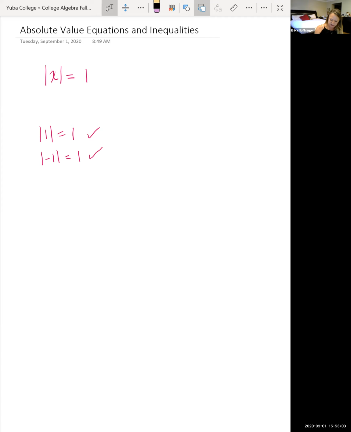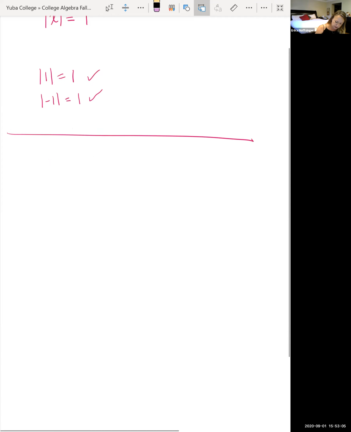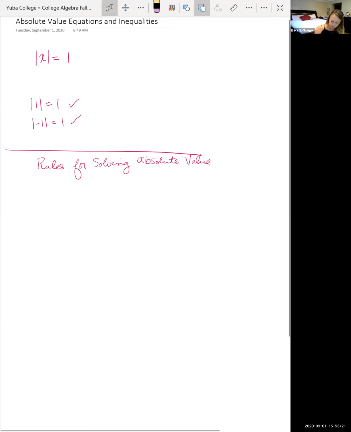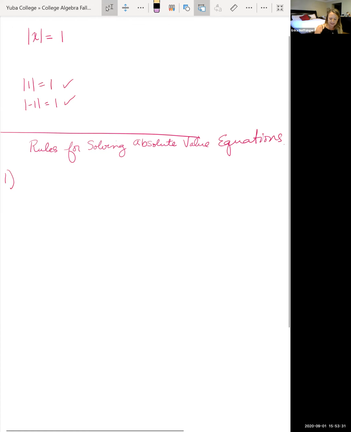So for instance, rules for solving absolute value equations. If there's just one absolute value, then you want to isolate the absolute value on one side of the equation and get everything else to the other side of the equation.